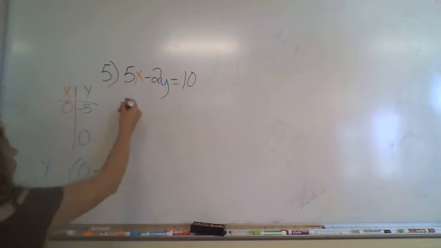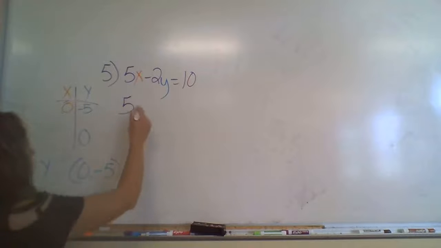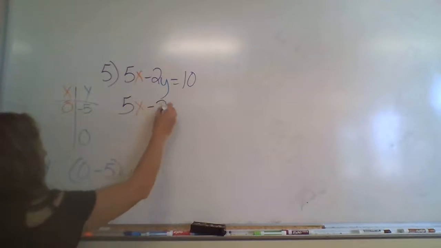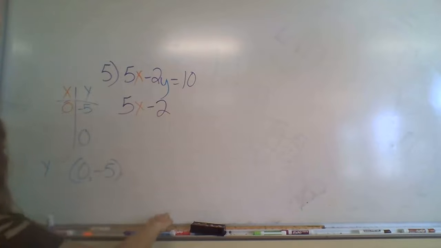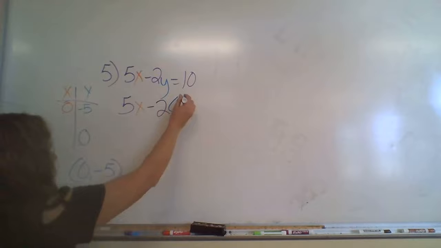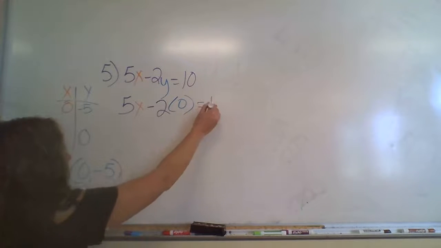So I have 5x minus 2, and we're going to substitute in 0 for y. So negative 2 times 0 equals 10.